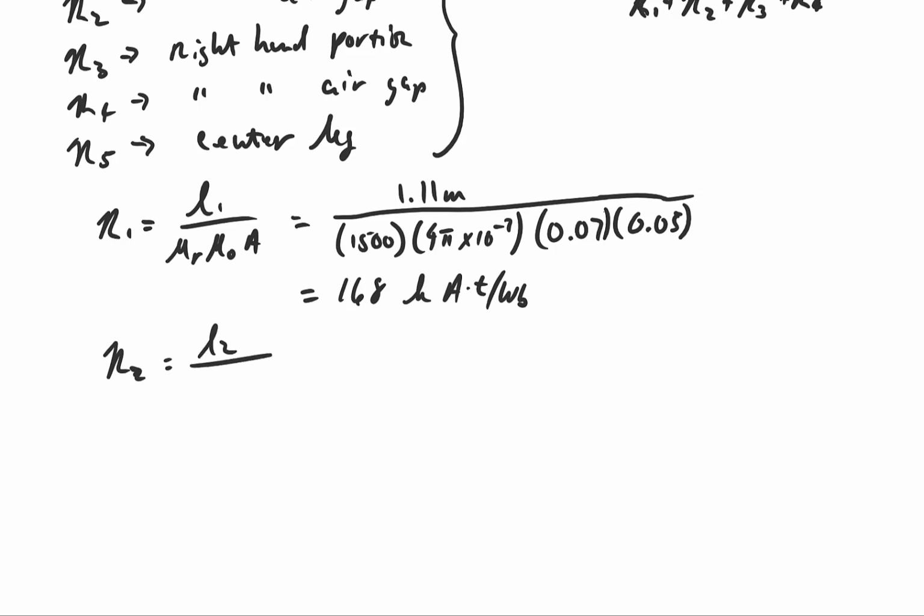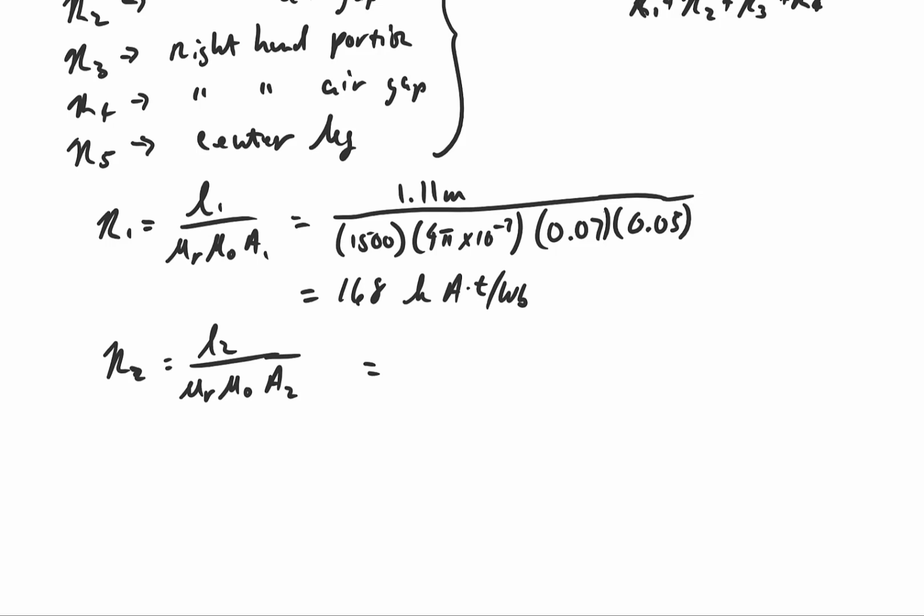So this is going to be L2 divided by mu R mu naught A2. I'm going to call this one A1, this one A2. The difference between A1 and A2 is that I'm increasing by 5%. So I'm just going to multiply that denominator by 1.05.